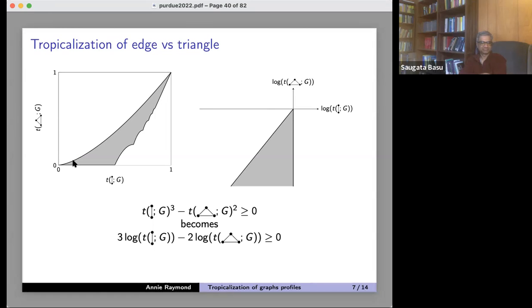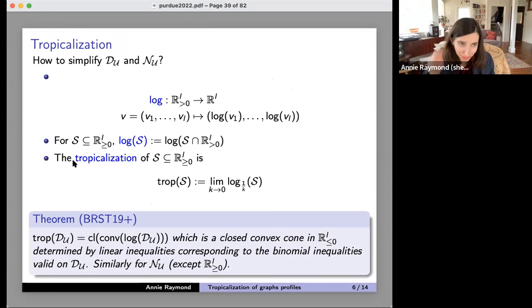I have an unrelated question, or maybe not so related. Why is it called the tropicalization of this? That's a great question. It's called tropicalization because the first few people who worked on it were a group of Brazilian mathematicians, including Imre Simon.